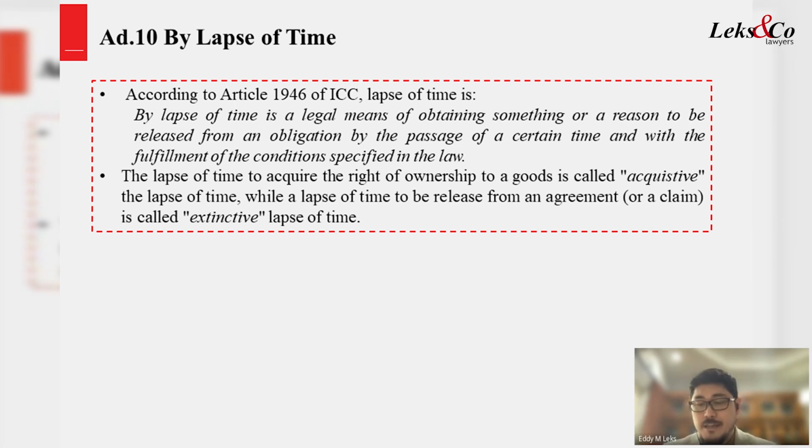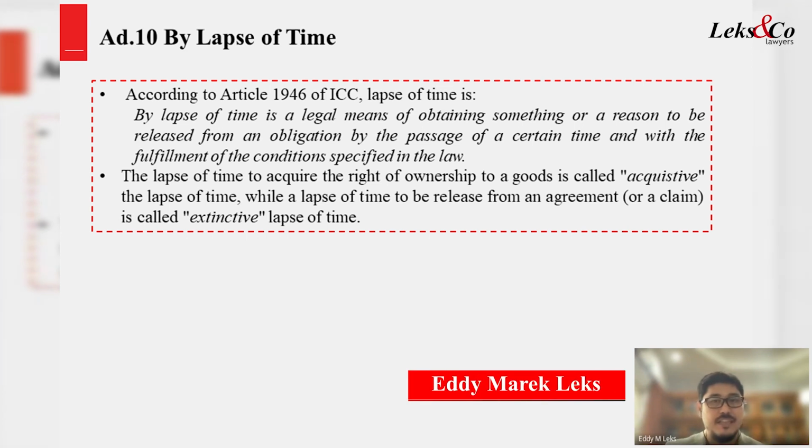And then karena lewatnya waktu, hal mana akan diatur dalam suatu bab tersendiri. This is the 4th chapter actually, pembuktian dan daluarsa. Tentang pembuktian dan daluarsa, the chapter 4 now. So that's why it's jumping until 1946.